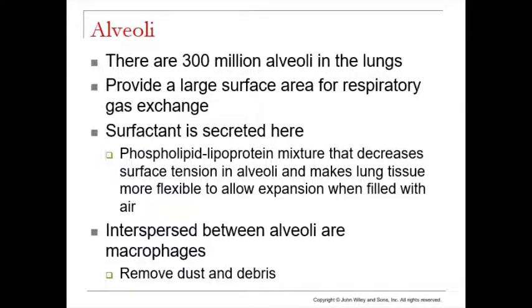And like always, there are other things here. There are actually other cells here, in this case, white blood cells. It's macrophages. You have macrophages in between your alveoli, helping to remove anything that doesn't belong, which could be things like dust or debris, even cellular debris. Remember, macrophages can also eat other cells.